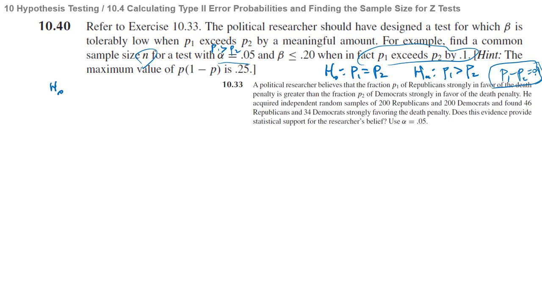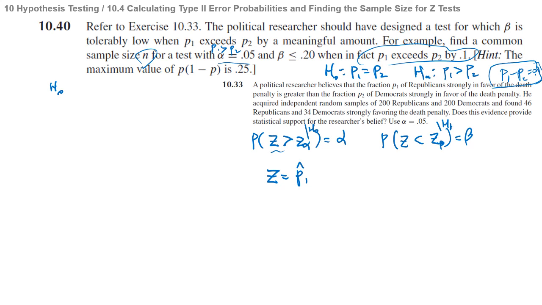We can derive the probability of z larger than z alpha is alpha under H0, and we can also calculate the probability of z less than z beta equals beta under H1.